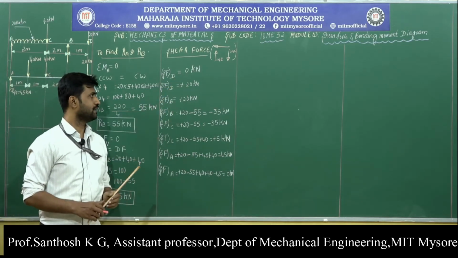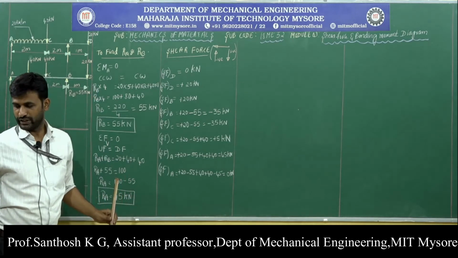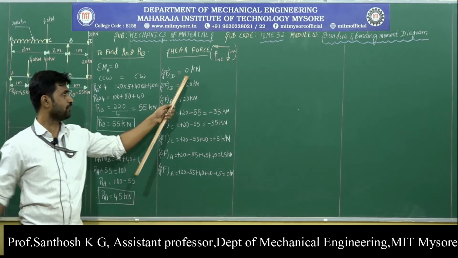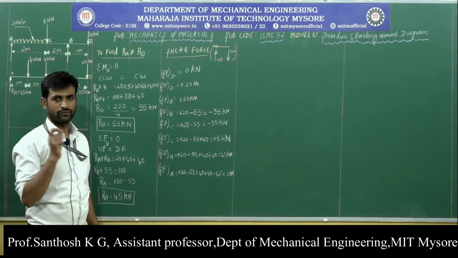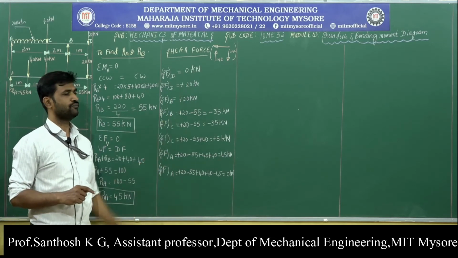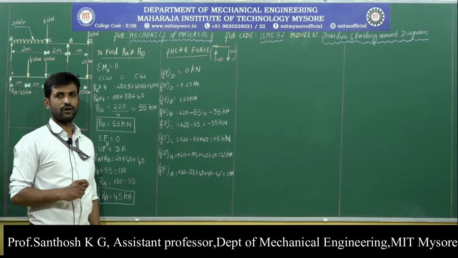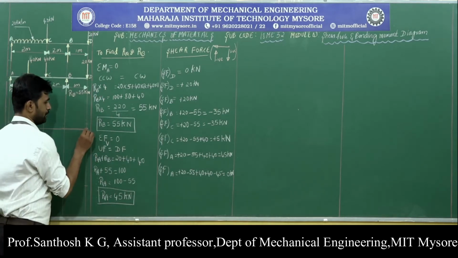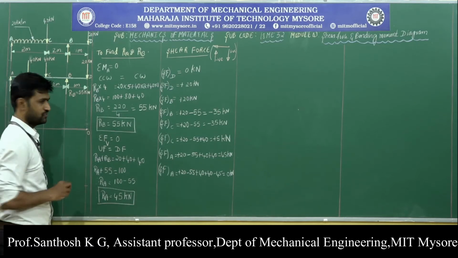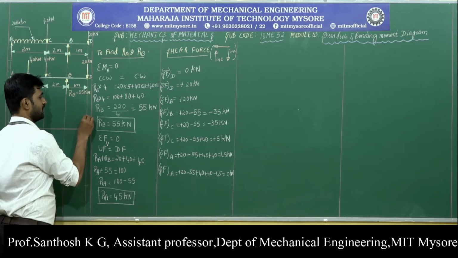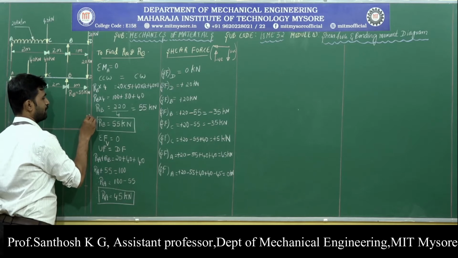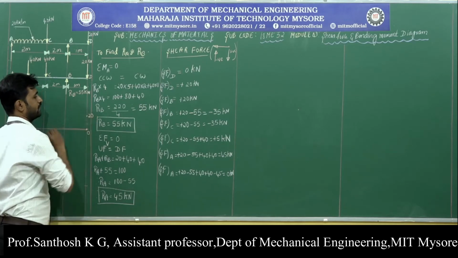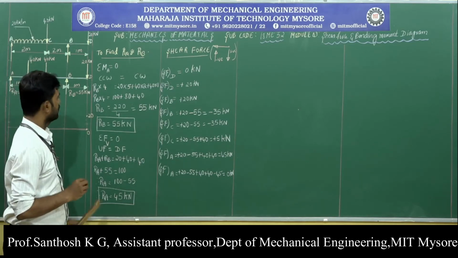At D, we are having two shear forces. So, the first one is having a magnitude of 0 kilonewton, and second force is having a magnitude of plus 20 kilonewton. So, at D, first shear force is having a magnitude of 0 and the second shear force is having a magnitude of 20 kilonewton.